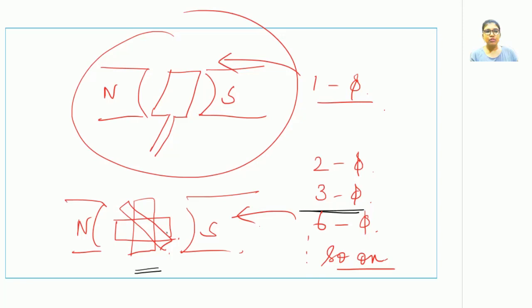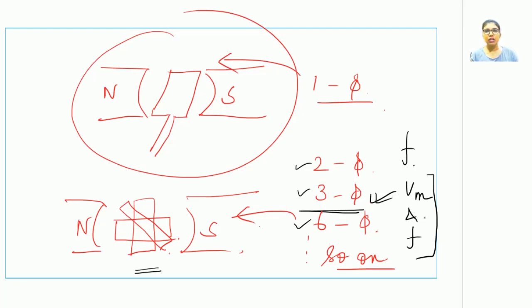Now since the number of windings are placed within a set of this electromagnet and they are being made to rotate at a particular frequency, the values of the voltages that will be generated for a three-phase system, or for the matter of fact any number of phase of system, the peak value of the voltage and the frequency, these two parameters would remain same for a polyphase system.